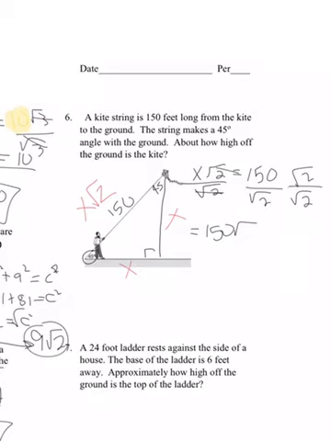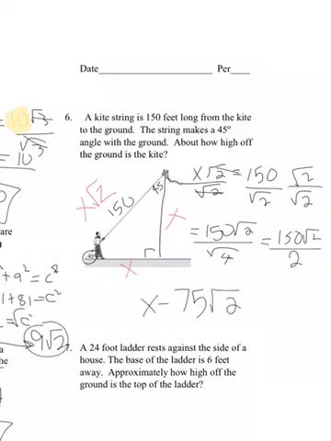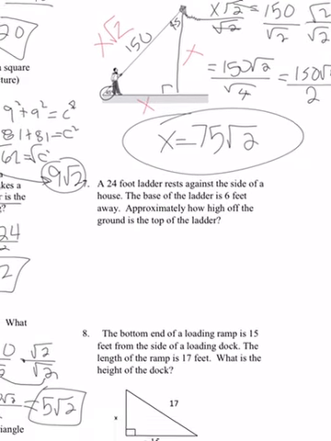That gives you 150 square root of 2 over square root of 4. Square root of 4 is 2. 150 divided by 2 is 75. Square root of 2. Not that bad once you get used to the formula and how it works out.